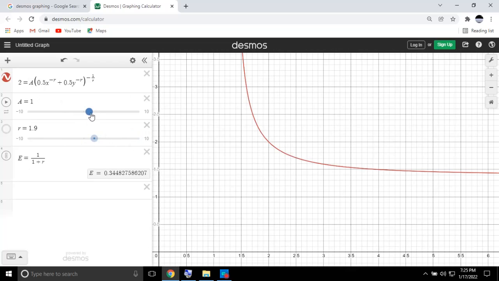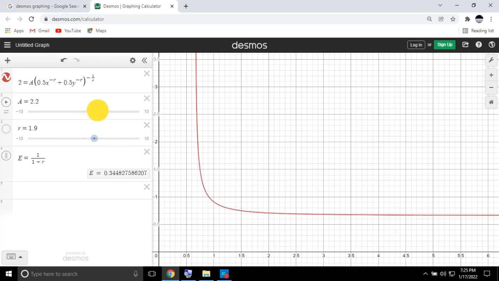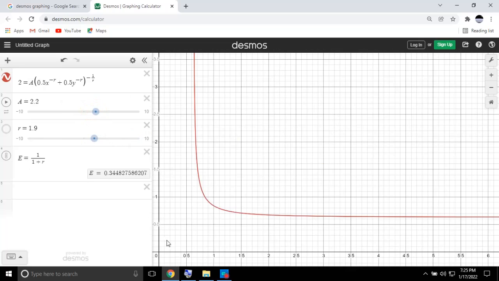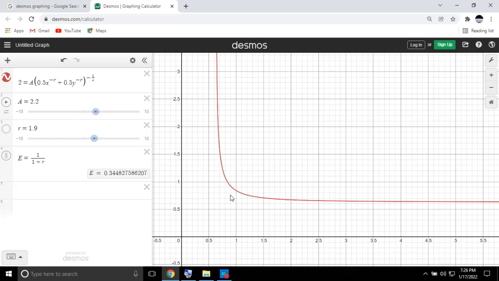If I increase the value of A, the graph shifts towards the origin. This is because to produce the same level of output, that is 2 units, we now require less capital and labor.